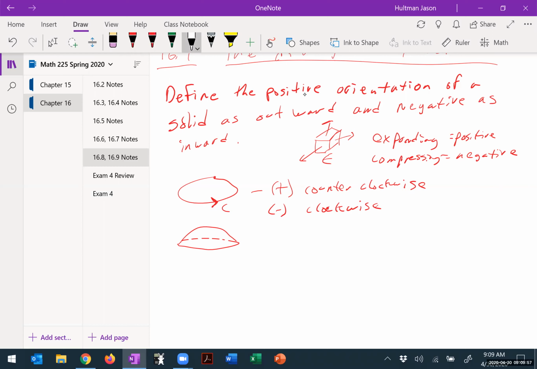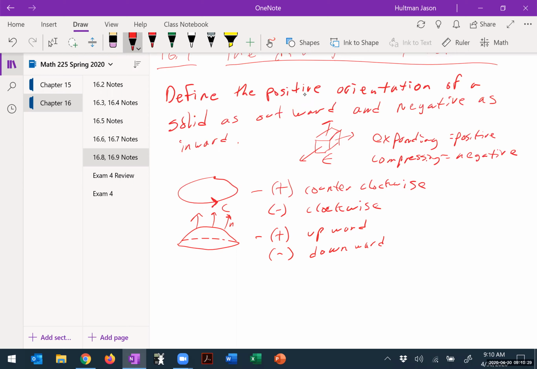Positive was upward and negative was downward. And that's the orientation of the normal vectors. If the normal vectors shot upward, then it was positive, and if downward, negative.